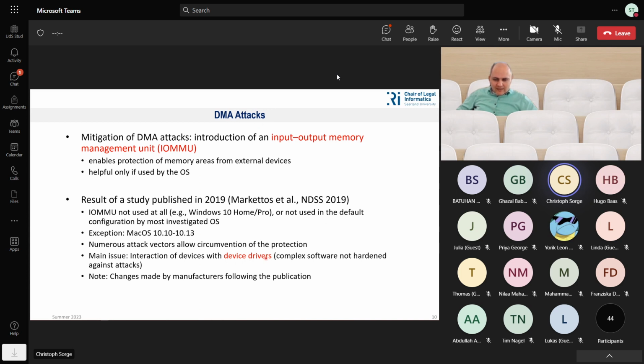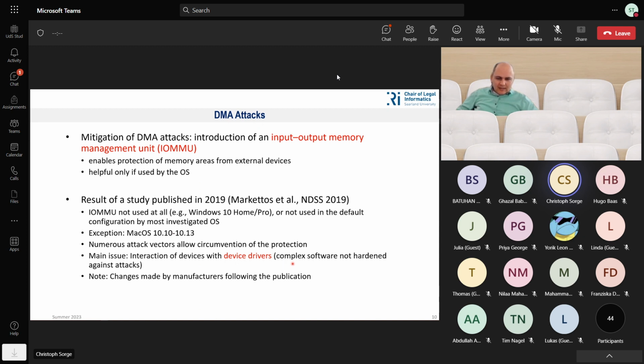Device drivers supplied by the manufacturers of these external components are usually not optimized for security, but for development cost on the one hand, and performance on the other hand, and they can be quite complex. So you will often find security issues, classical software vulnerabilities, in these device drivers, and that still allows, in many cases, to do the DMA attack.